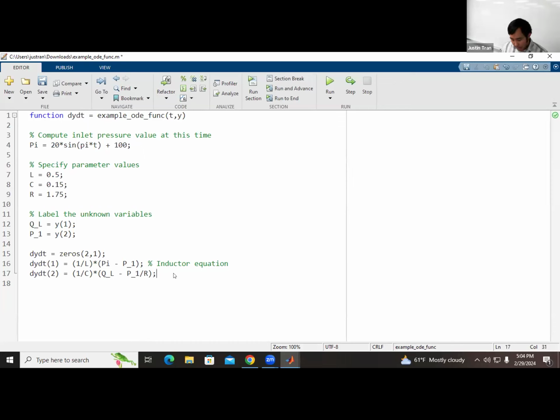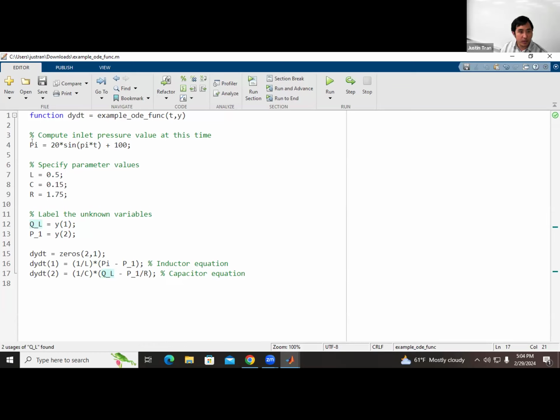The second equation is our capacitor equation, and if you compare this to our notes, it's exactly the same: 1 divided by the capacitance multiplied by the flow rate into it, Q_L, minus the flow over the capacitor, which is P1 divided by R.